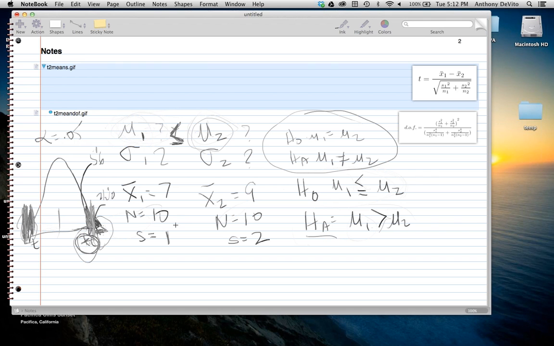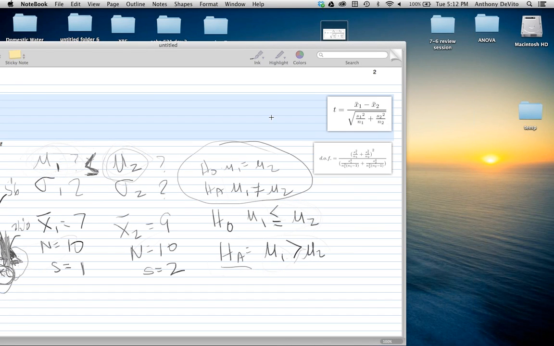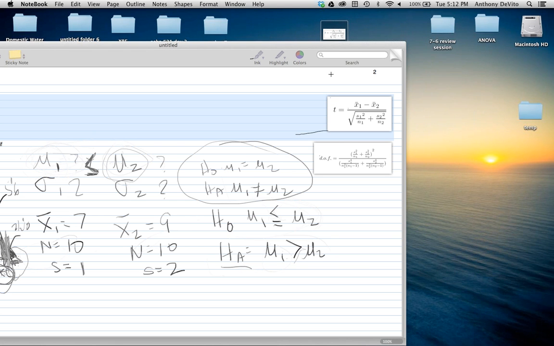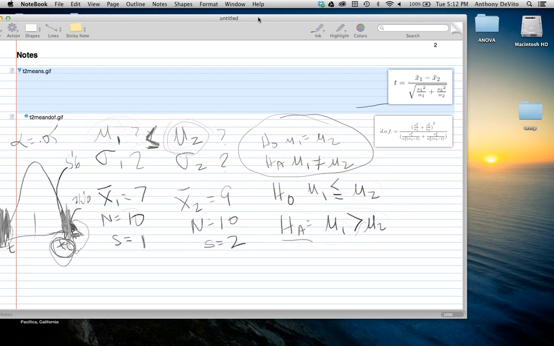Okay, so now notice, the next thing I have to think about is we had two different formulas, right? This formula that I have right here, let me see if I can get it to stretch out. I think I have to switch to a pointer.